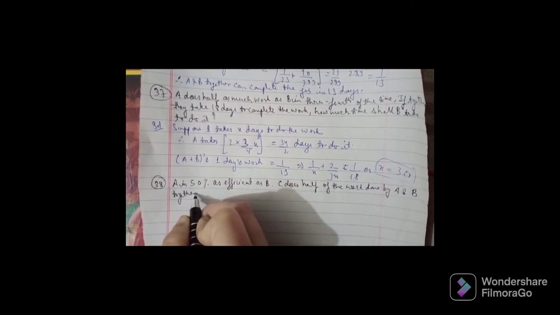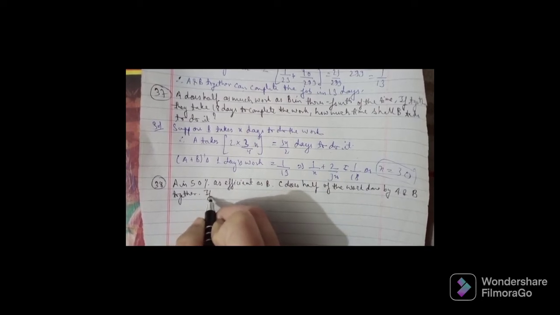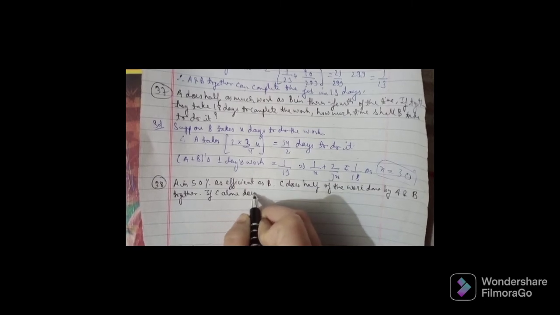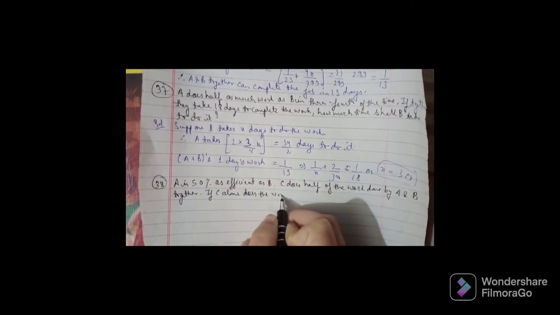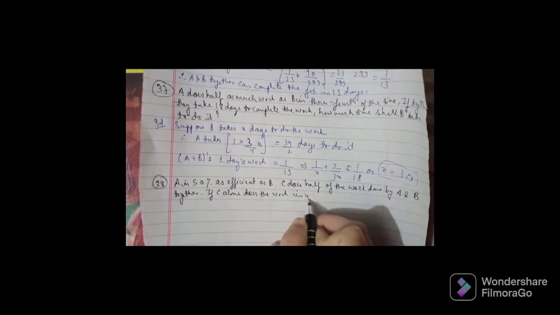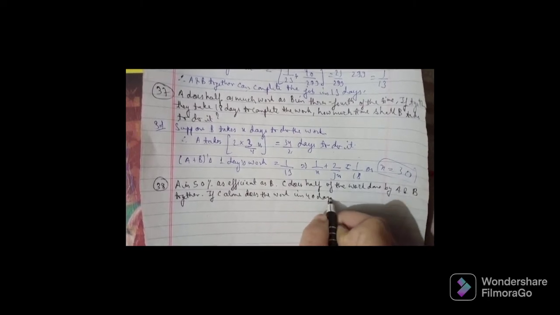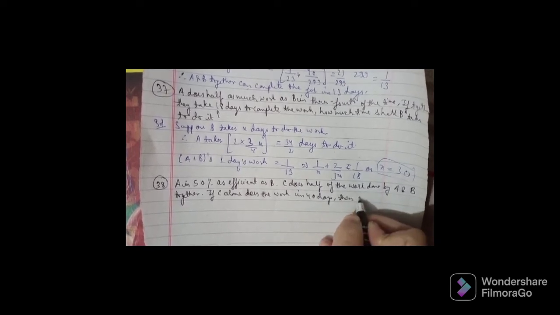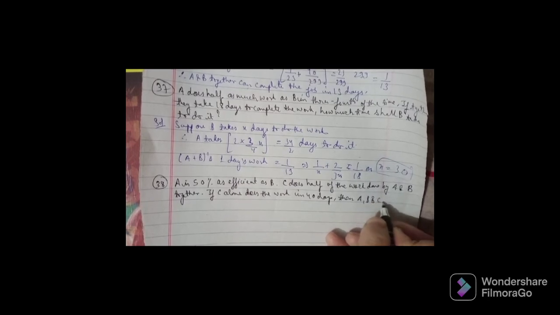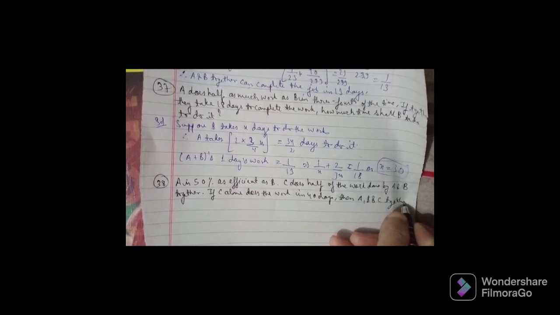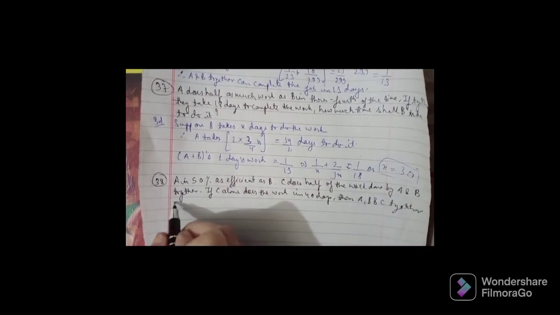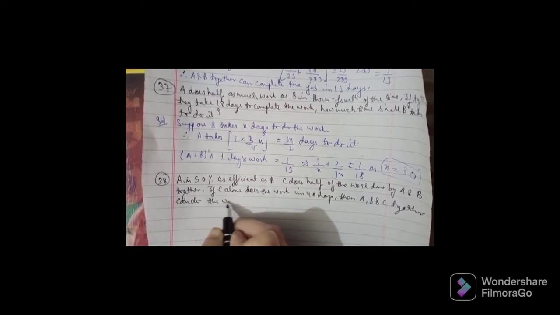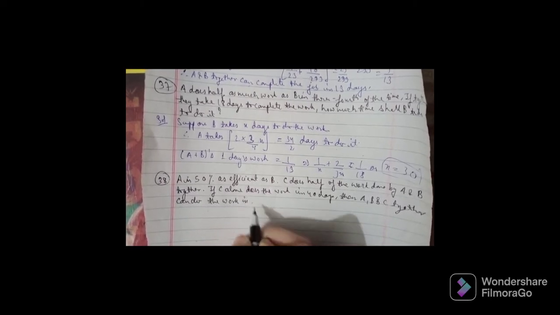If C alone does the work in 40 days, then A, B, C together can do the work in.